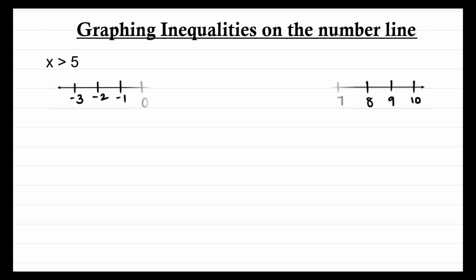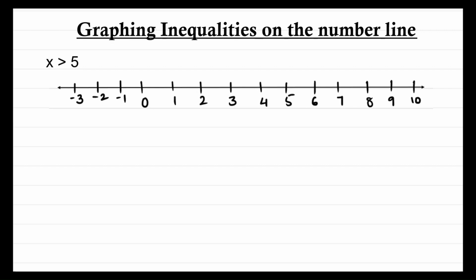Now, how do we graph the solutions of inequalities on the number line? My first example would be x greater than 5. So this is a number line. Now x greater than 5 means all the values more than 5 are the solution of this inequality. X can be 6, 5.5, 7, 8, 9, 10, 11, 12, 1000, 1 lakh, whatever.